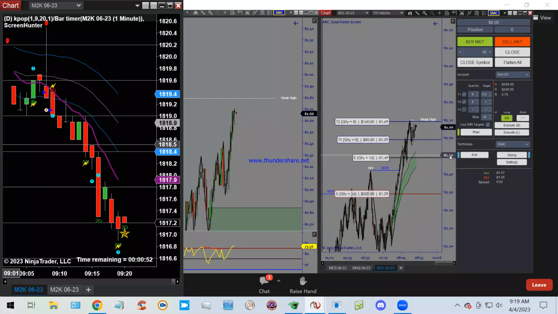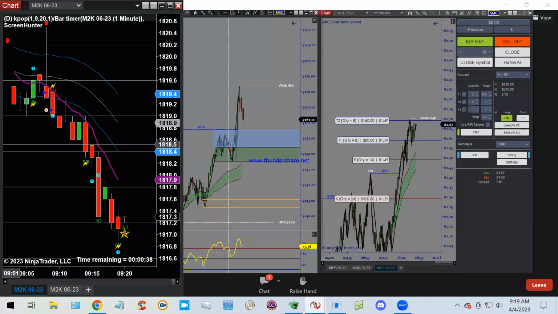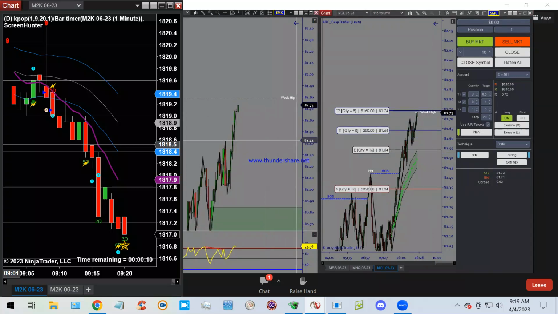Come on, crude. Give us a pullback. Still pushing up. Got them grinding their way up. Definitely in an uptrend, no question about that.